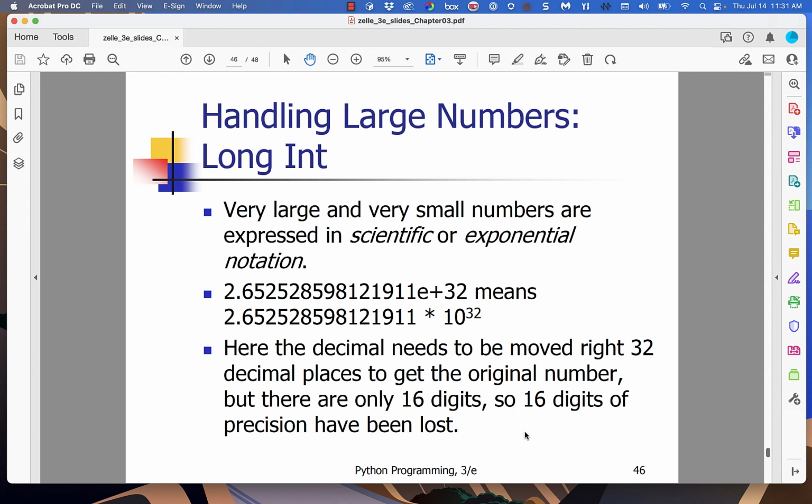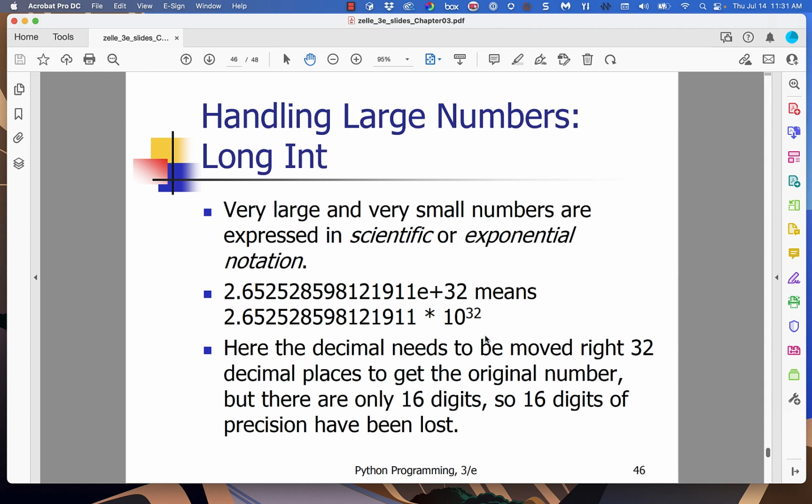So here again, I forgot we had this slide here. That notation for the float is using scientific or exponential notation, so it's this value times 10 to the 32nd.